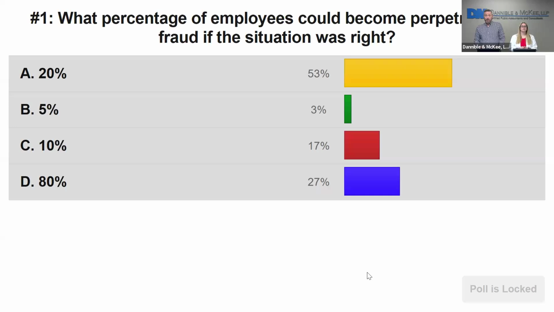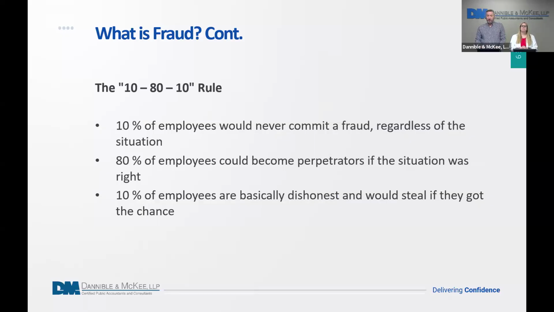Okay. 20% was the highest. 80% was the second. So there's the 10-80-10 rule. So 10% of your employees will never commit a fraud regardless of the situation. 80% of your employees could become perpetrators if the situation was right. And 10% of your employees are basically dishonest and would steal regardless. So 90% of your employees could become perpetrators.